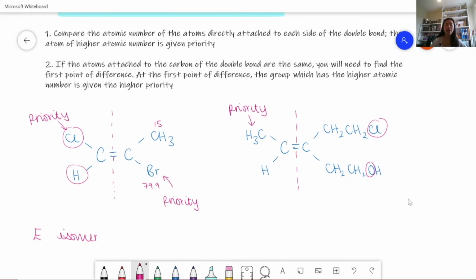And so the atomic number of chlorine is 35.5, and the atomic number of oxygen is 16. So this CH2CH2Cl must take priority. And so this is a Z isomer because the 2 substituent groups that we're looking at, the ones which take priority, are on the same side. And so we call this a Z isomer.